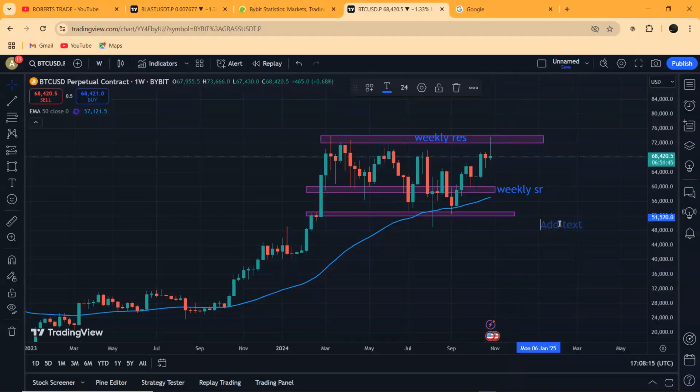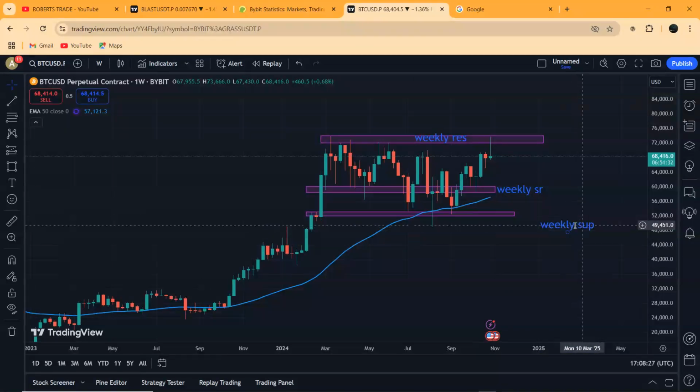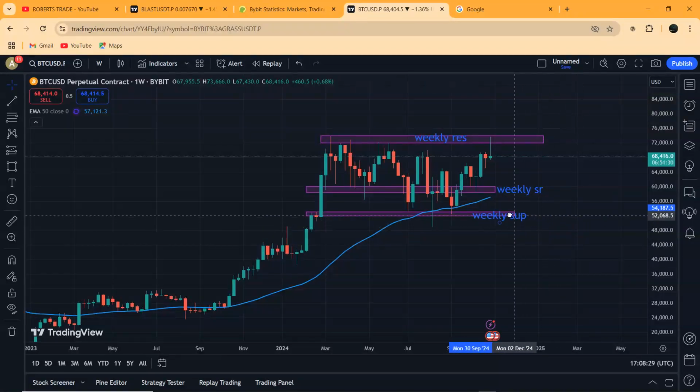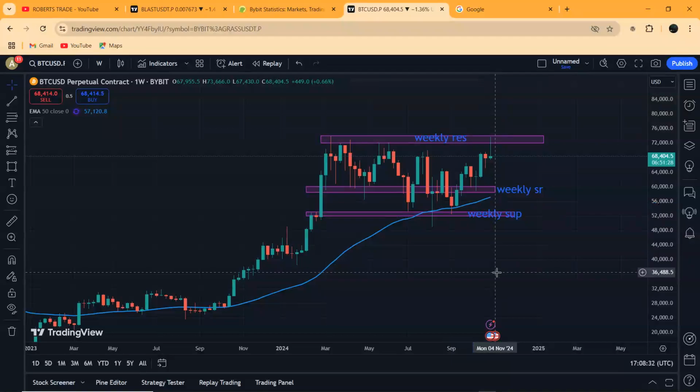So here we write weekly support. So I place it inside this thing. So what does this mean?